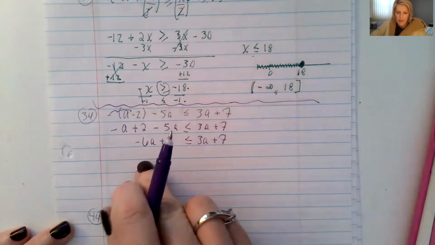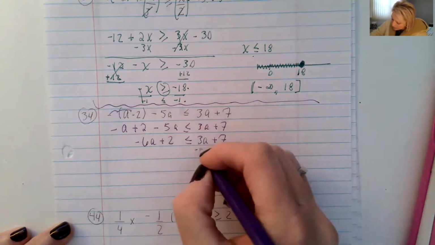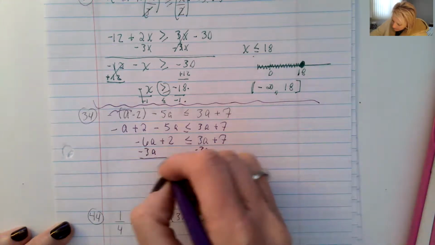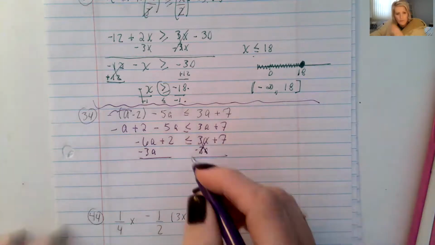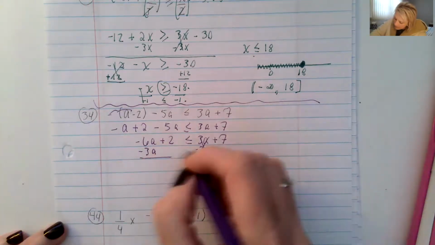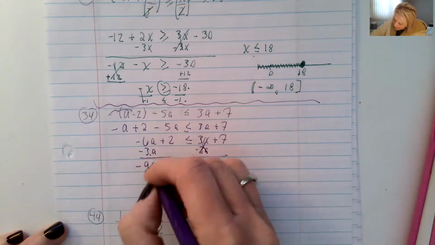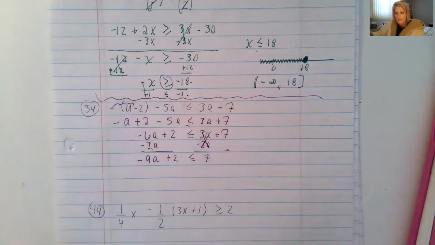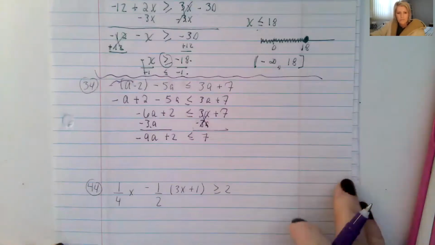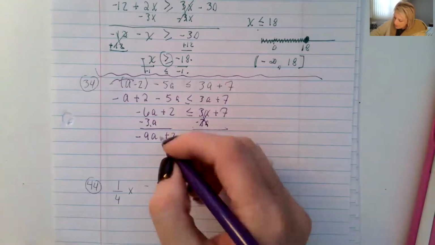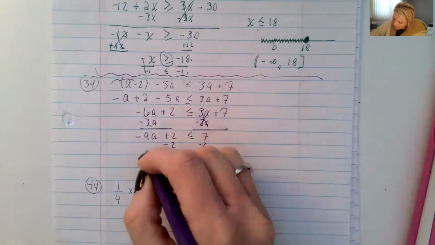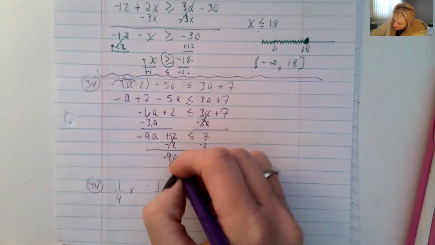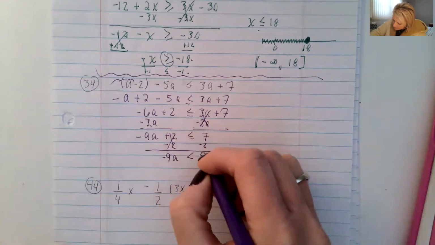And again, I like to have my variable on the left, so I'm going to subtract 3 a's to move them to the left. So they're negative on this side. So negative 9a plus 2 less than or equal to 7. And then we're going to subtract 2. So negative 9a less than or equal to 7 minus 2 is 5.